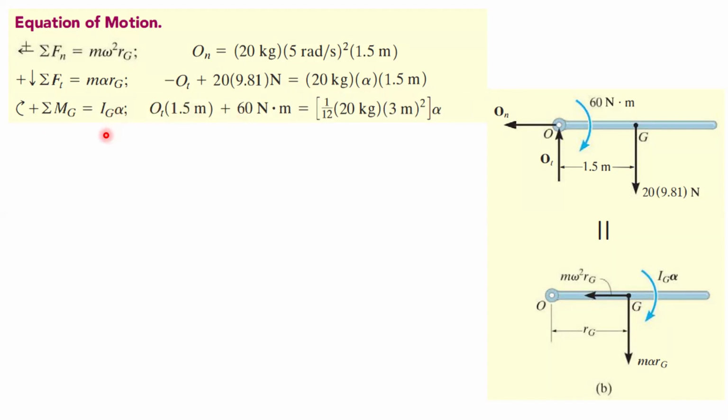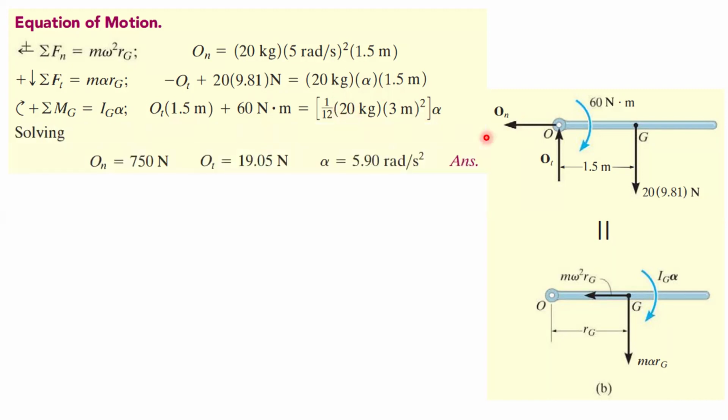Summation M_G is equal to I_G alpha. So here we sum all the moments together. This is the tangential moment, and then the moment established here, which is equal to I_G alpha.